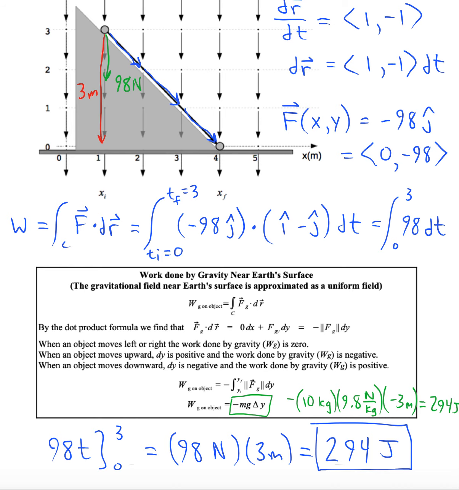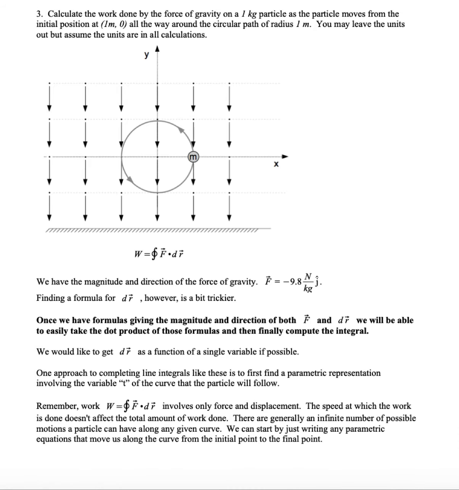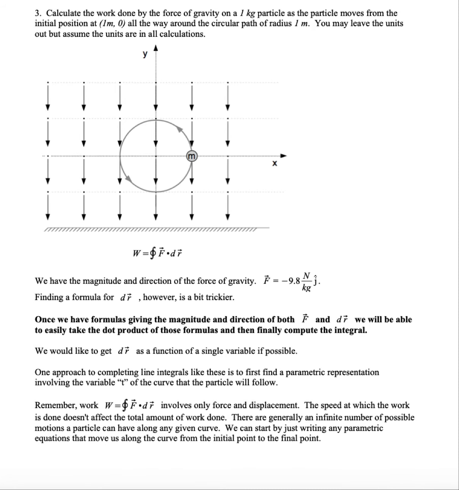Perfect. I've got one more example here, and this time we'll take a curved path. This one's going to go in a perfect circle from a coordinate of 1, 0 all the way around a radius of 1 and come back where it started. Now we know that the work done here should be 0.